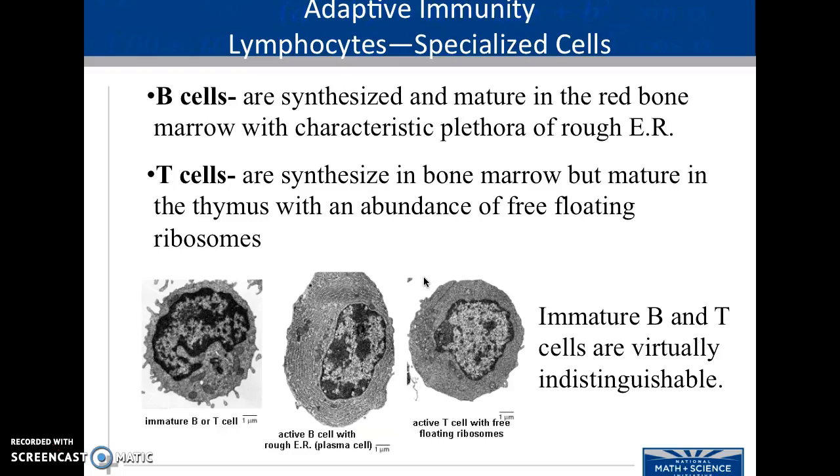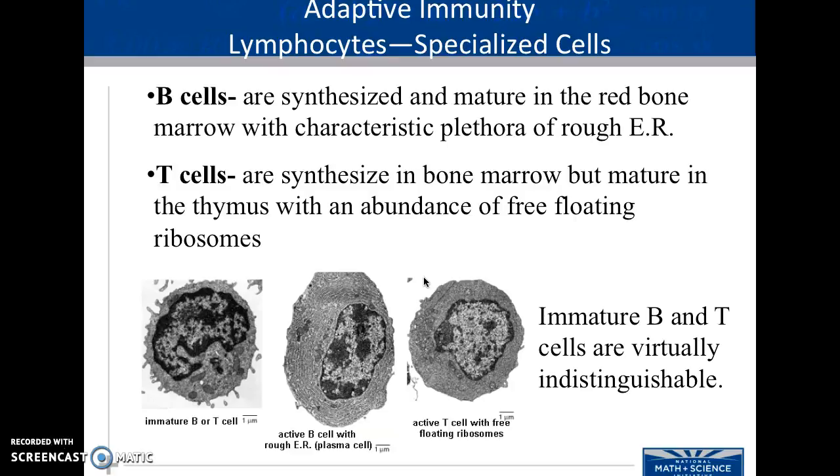When we start talking about adaptive immunity, there are certain cells that we need to talk about, which hopefully we've heard before. B cells are synthesized and mature in red bone marrow, and T cells are synthesized in the bone marrow but mature in the thymus, hence the term T cells. But they are very similar in what they do, just their locations are slightly different.